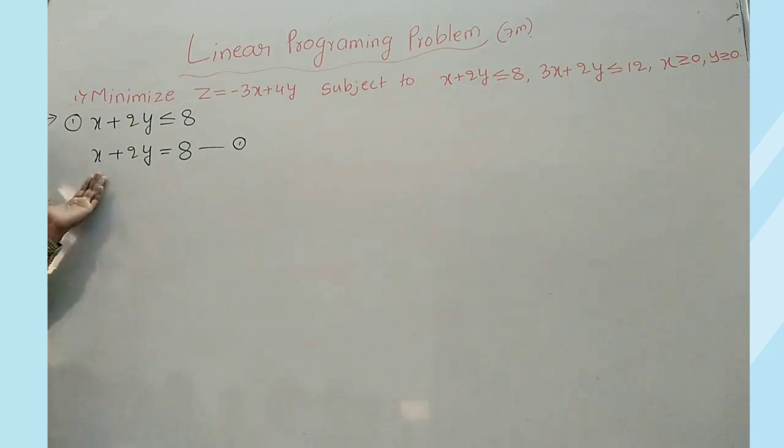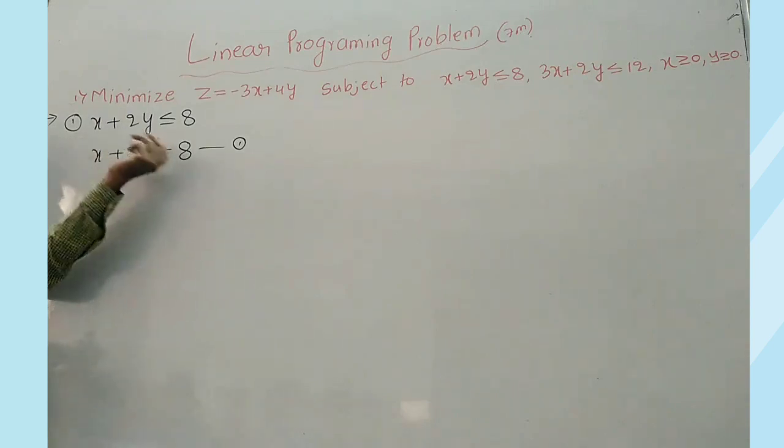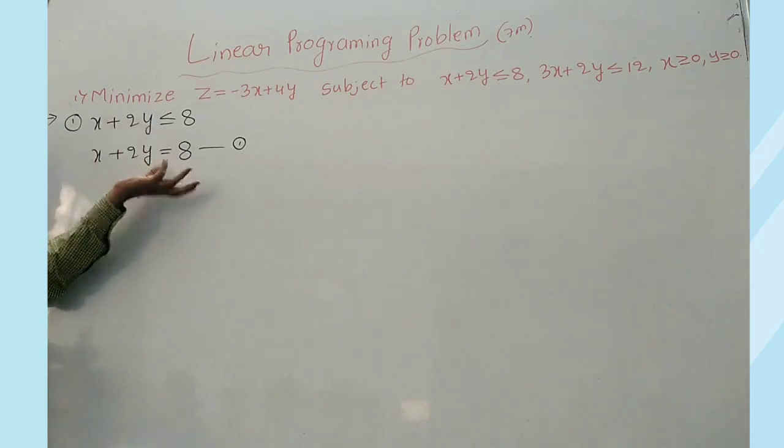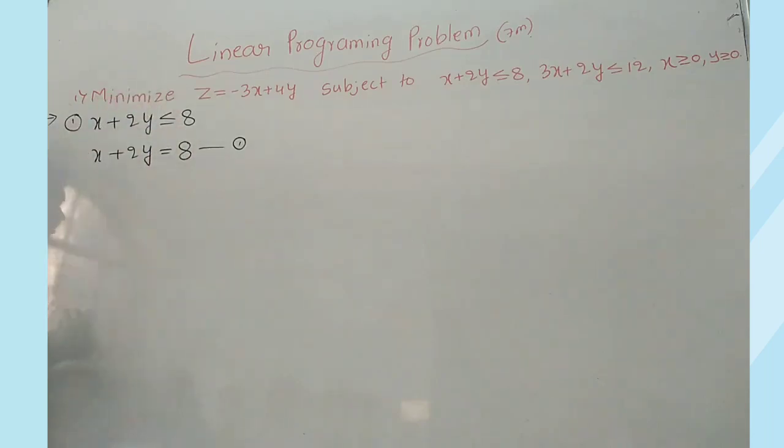Now I want to draw the graph of this equation. Is it possible to draw the graph of this equation? Yes. We will substitute x equal to 0, and we will get some y value. We will substitute y equal to 0, and we will get some x value. That we will represent on the graph. In first PUC you have studied linear inequalities, no? Same procedure. Substitute x equals 0.